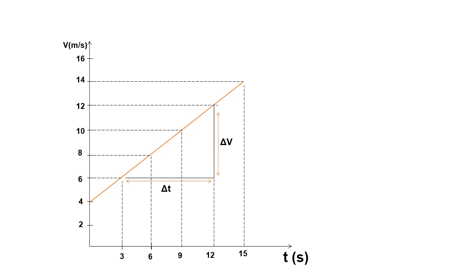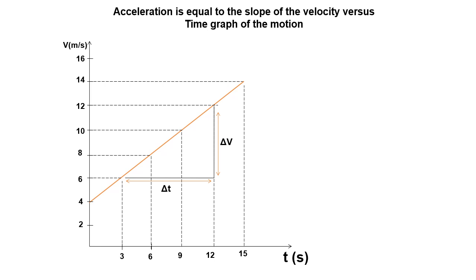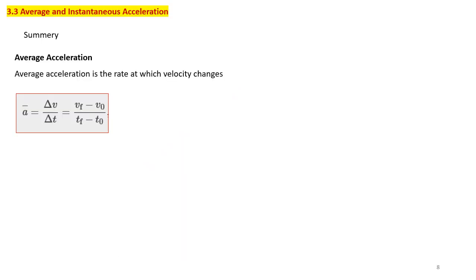The corresponding velocities are 6 and 12. So the difference 12 minus 6 and 12 minus 3 gives you delta v and delta t. So acceleration is equal to the slope of the velocity versus time graph. So just find the slope. What you will get is acceleration 0.67 meter per second square.